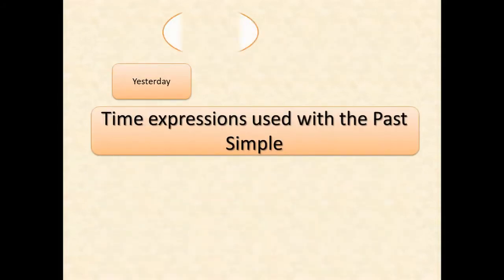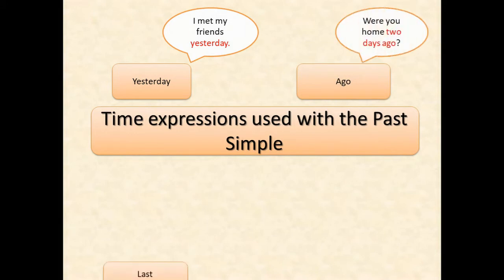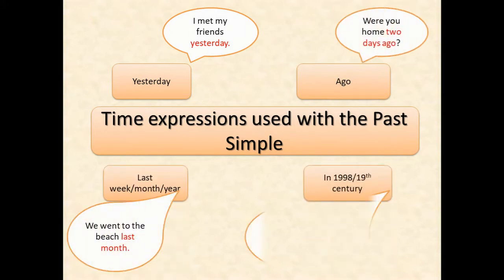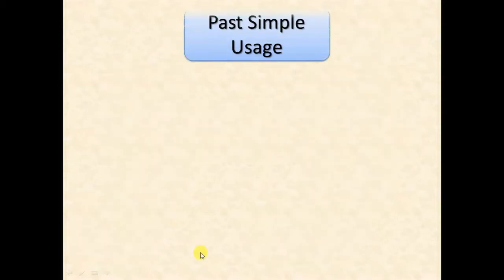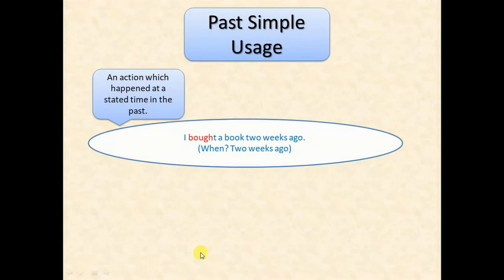Time expressions used with the past simple, which we have already done once or twice. So again, yesterday, ago, or a year, or a century, and last week or month or year. Usage.